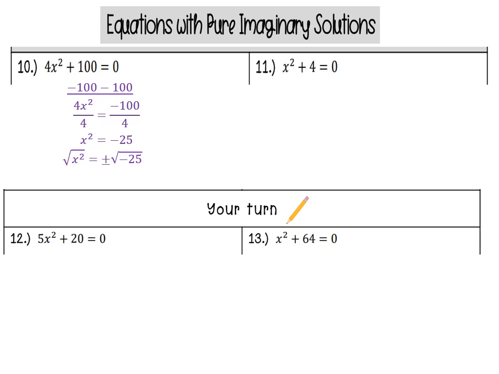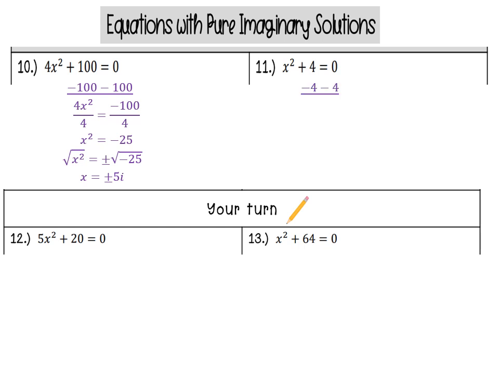Whenever we take a square root when we're solving, we have to list both possible answers, the positive and the negative. And when we take the square root of negative 25, that's going to get us plus or minus 5i.